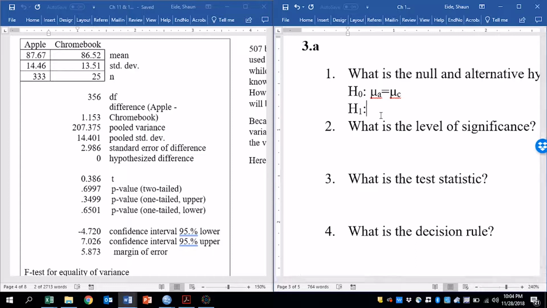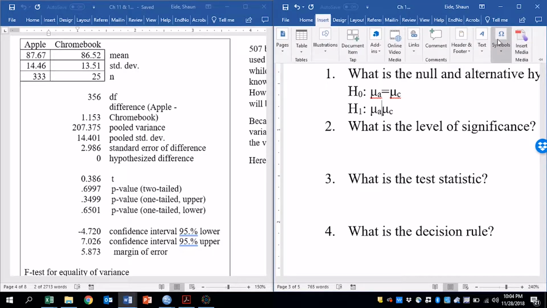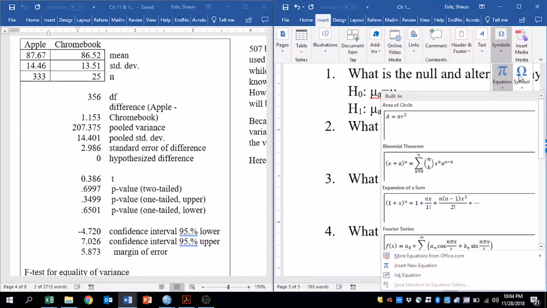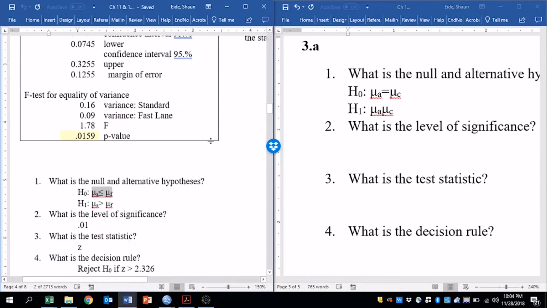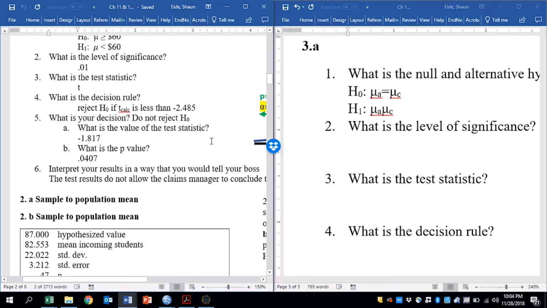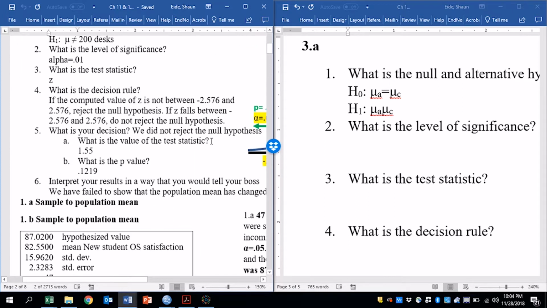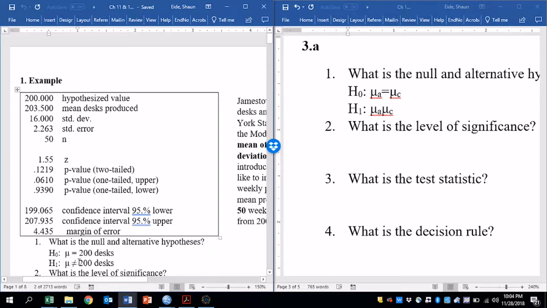It's just saying it's going to be different. So the next one, the alternative hypothesis, is going to be mu sub a does not equal mu sub c.